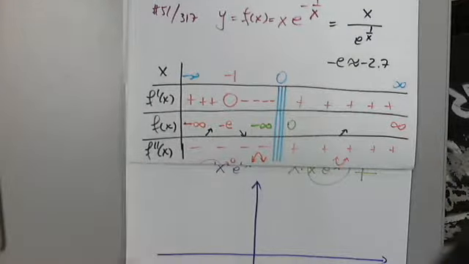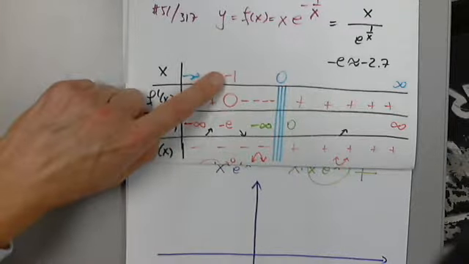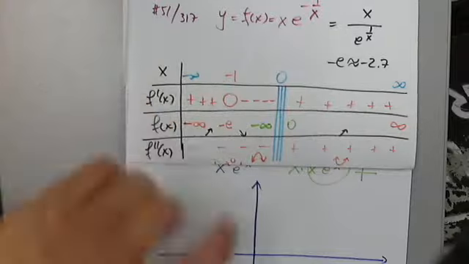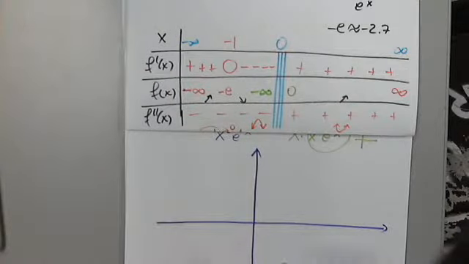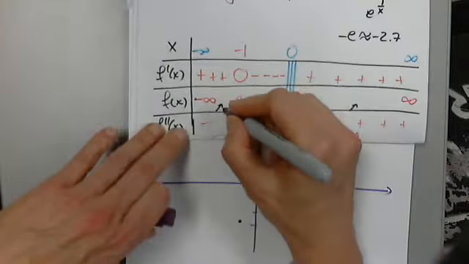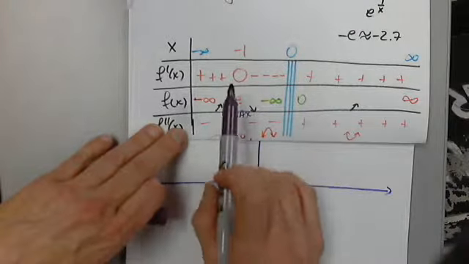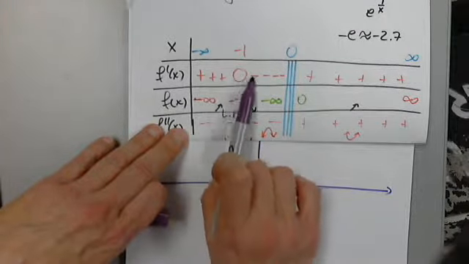So I see that the function is coming from negative infinity. Then at negative 1, negative 3 roughly, somewhere here, a little bit above negative 3, the function has a local max, because the sign of the derivative is positive, then 0, and then negative.